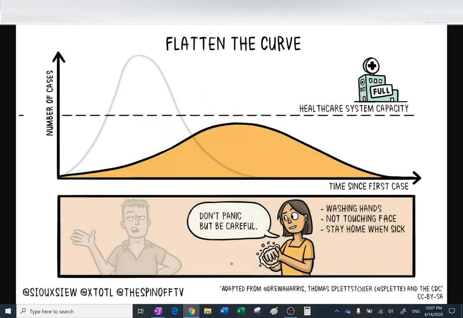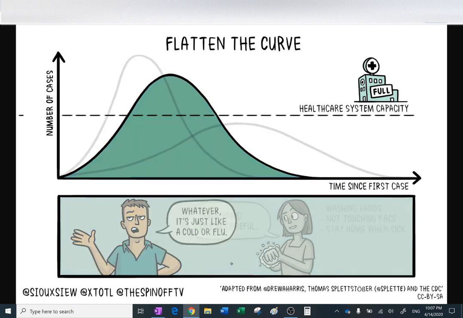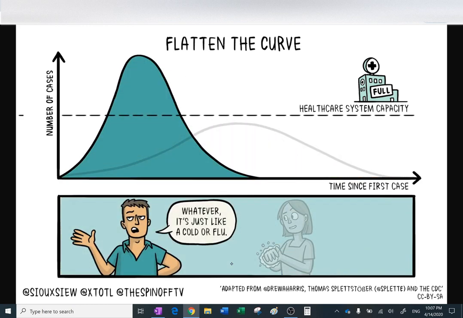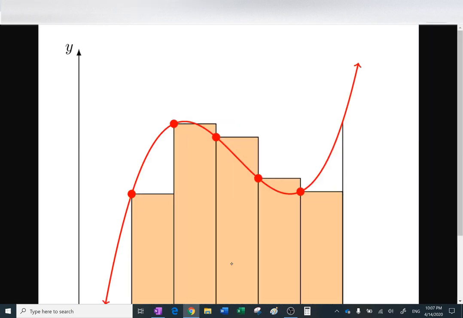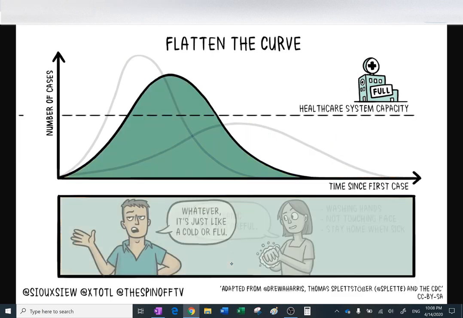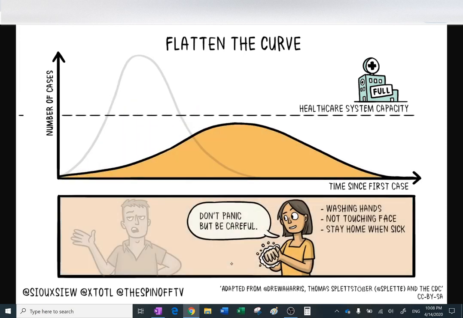If you don't care, then even though the area might be the same, in one day we have so many sick people that hospitals cannot handle it anymore. To find these areas, we can use approximation by rectangles, or in the future we're going to teach you that you can integrate the function that creates that area. That's the idea.